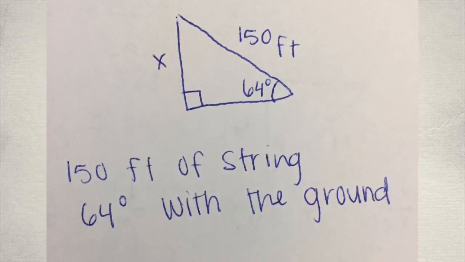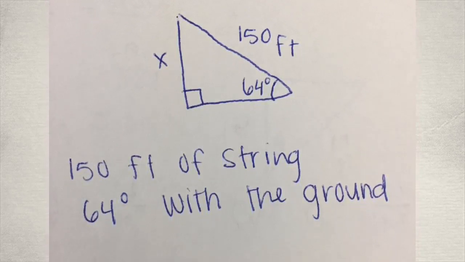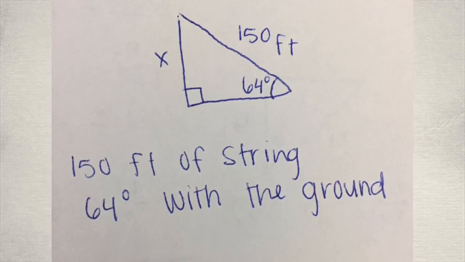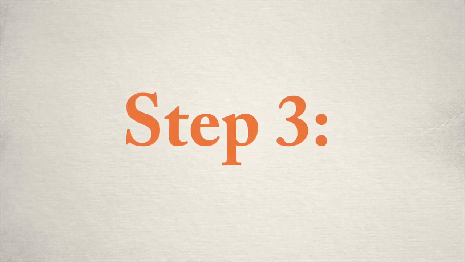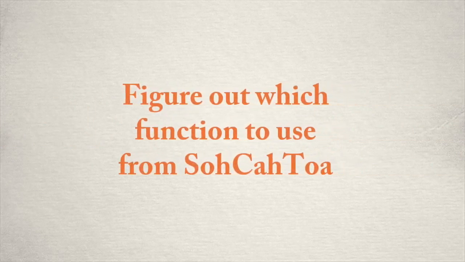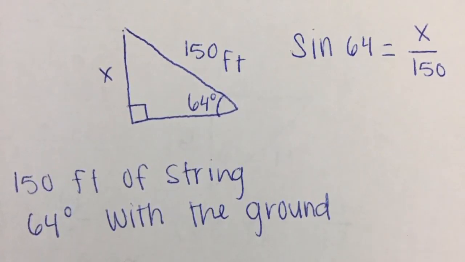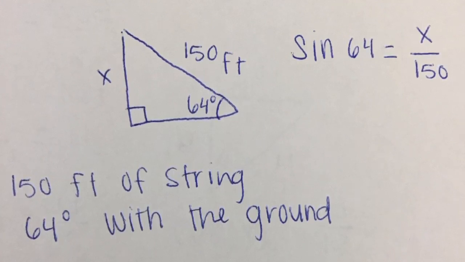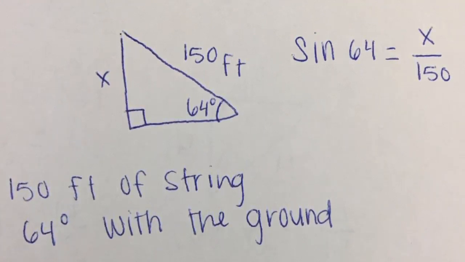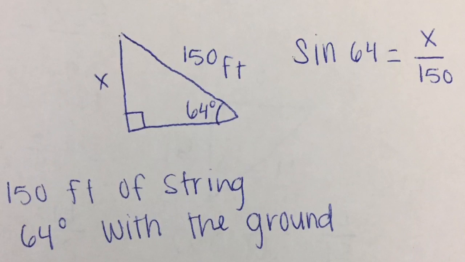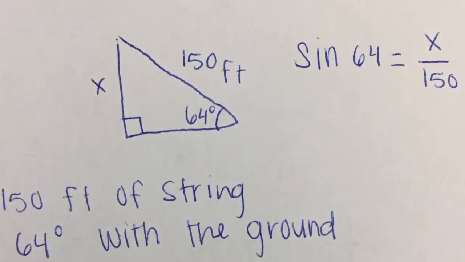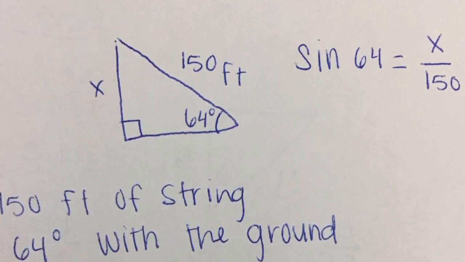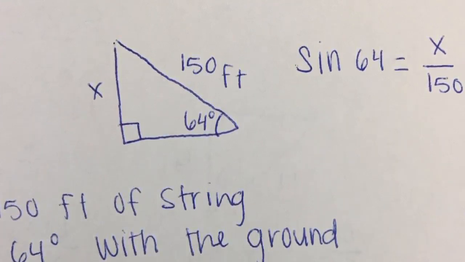You know that the 150 is the hypotenuse because that's how long the string is, and you're trying to find how high it is above the ground. So you know that 150 is the hypotenuse and 64 degrees is the angle, and you're trying to find x, so you would use sin theta to find the missing side because it's opposite and hypotenuse.